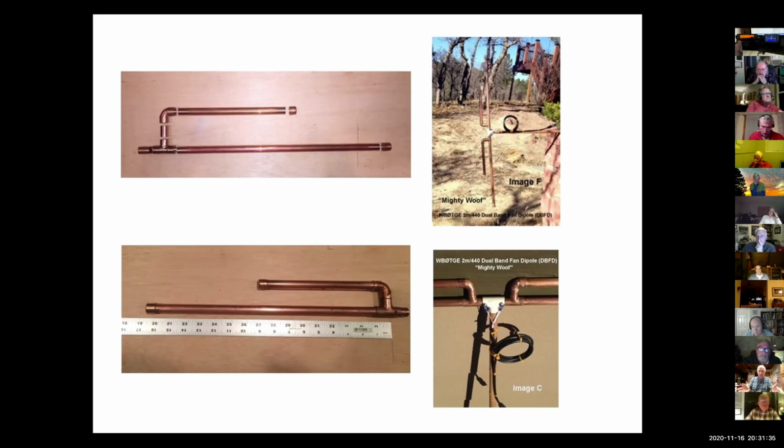All you need is a small piece of angle iron for the base and a section of aluminum rod for the vertical, let's say on a 2-meter antenna, and for a short stub, you use the same material and just attach it to the angle iron.